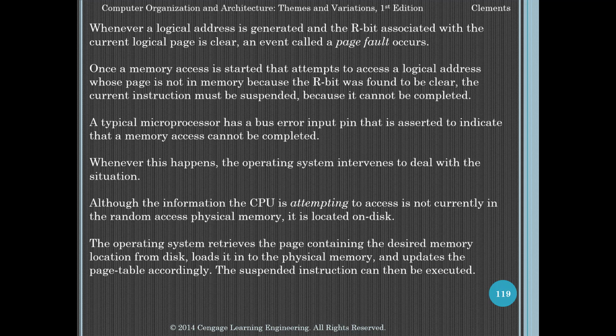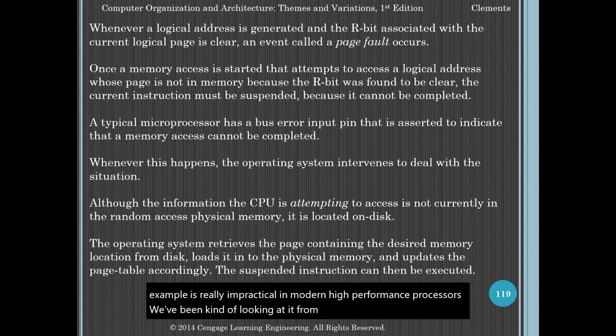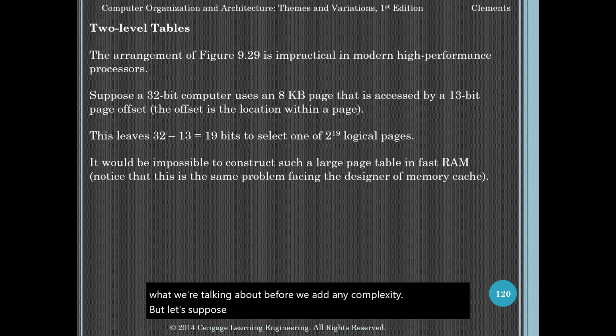So the arrangement that we've been looking at in the previous example is really impractical in modern high-performance processors. We've been looking at it in a simplistic way, as we've been doing throughout this course, to make sure that we really understand what we're talking about before we add any complexity. But let's suppose that we have a 32-bit computer and it uses an 8 kilobyte page that's accessed by a 13-bit page offset.